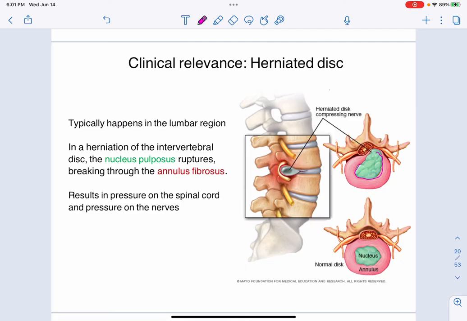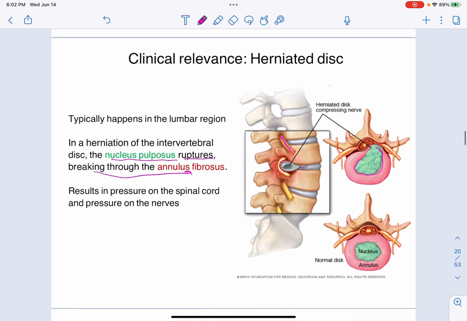So again, the nucleus pulposus ruptures, and that is what then breaks through that outer ring. And when it does so, you can see how there were those nerves that were running through those intervertebral foramen. That is then going to apply pressure to that nerve, and that is going to cause a lot of pain. That is what a herniated disc is.